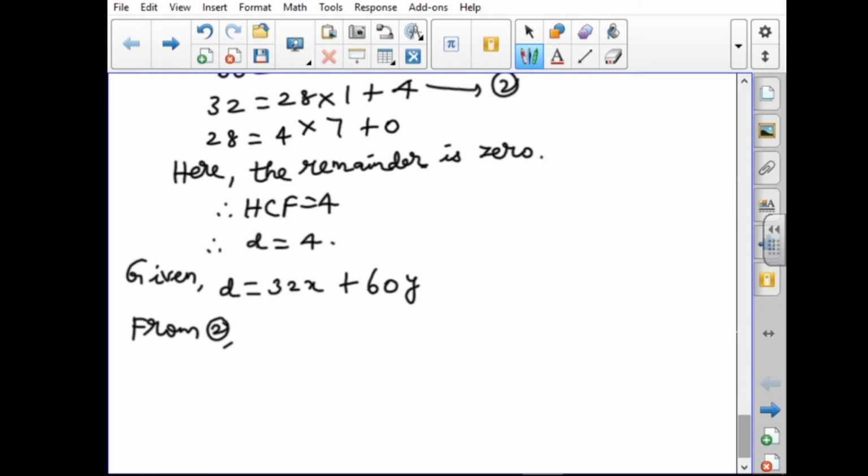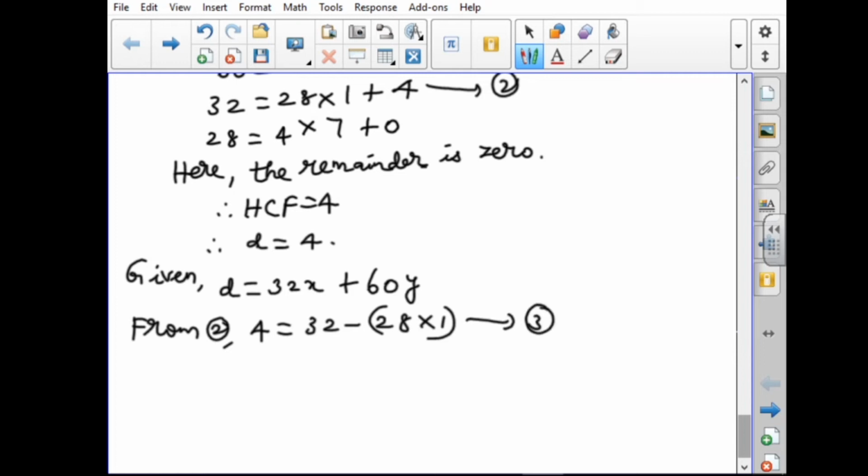Keep the 4 on this side and bring 28 into 1 to the other side, so it is 32 minus 28 into 1. The 4 stays as it is, and 28 into 1 moves to the left side. So we are getting 4 equals 32 minus 28 into 1. This is from equation 2, and you have to give it equation number 3.